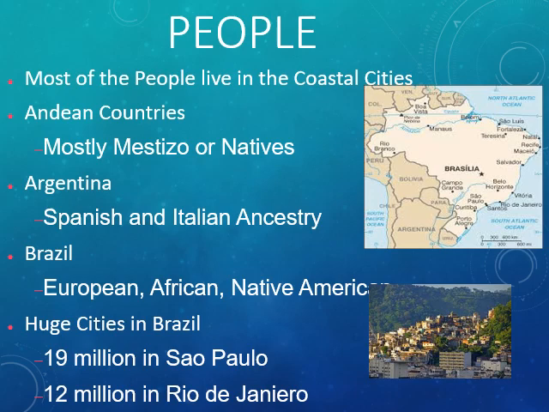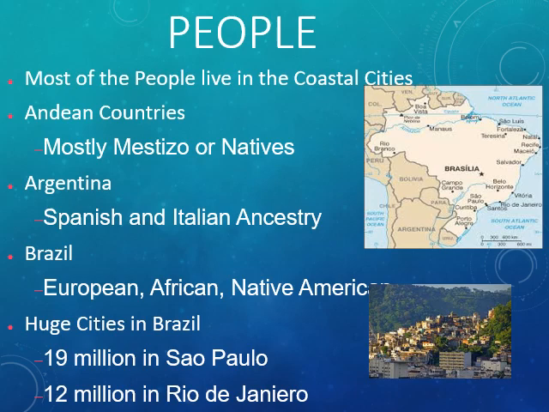In Brazil, there are huge, huge cities, and they're along the coast mostly. But I mean, some of the biggest cities, the biggest city in Brazil is 19 million people, and it's called Sao Paulo. And it is the third largest city in the entire world at 19 million people. Very, very crowded city, as well as a crowded city of Rio de Janeiro, where 12 million people live, and that is the 16th largest city in the entire world.